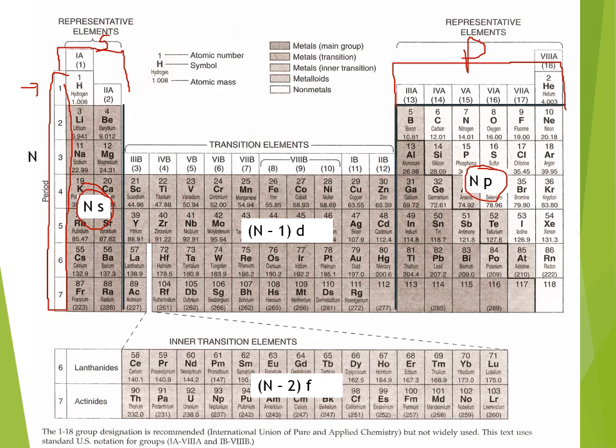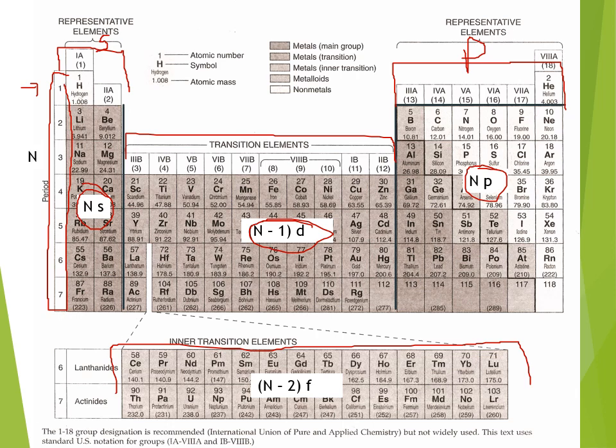The d orbitals that we talked about, which have the highest energy level, are going to be the transition elements, so this d block right here, represented by this n-1 d. The f orbitals are down here in the lanthanides and actinides section. We will not be using those until we get into chapter 9, so we can ignore them for now.